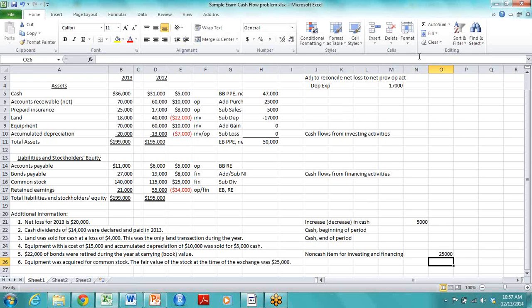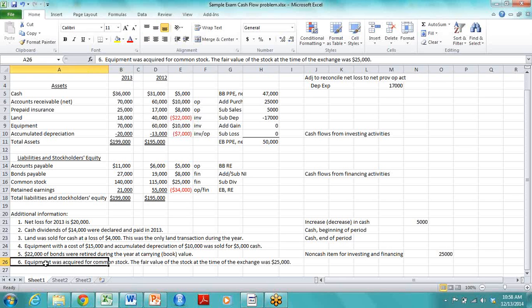And that's going to be a supplemental disclosure. So it's not going to go as part of our cash flow because no cash changed hands in number 6 here. But it's going to impact how our equipment balance has changed from last year to this year. So we need to include that $25,000 in our roll forward. That's actually a really complicated part of this problem, knowing that that $25,000 gets captured as part of the roll forward, but doesn't get captured as part of the cash flow statement as an investing activity because there's no cash changing hands, right?